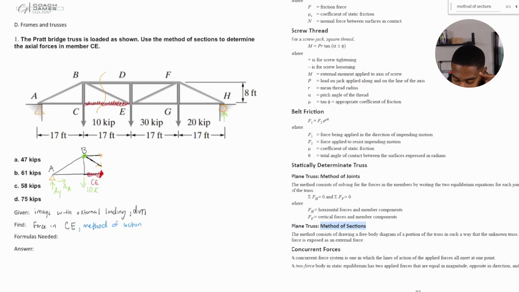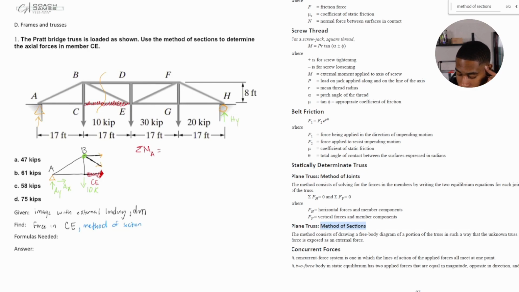And if I can find HY, then I can do the sum of the forces in the Y and determine what AY is. So let's try that. So first, I'll start by saying, sum of the moment about A is what?